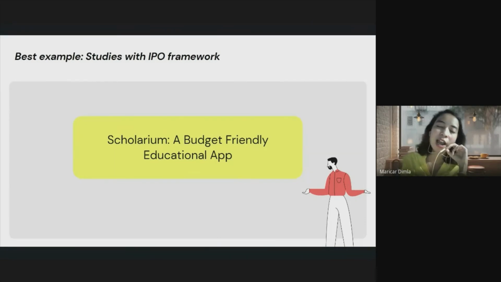Okay? So I have here, class, a sample study, Scholarium, a budget-friendly educational app. So kung gusto mo dagdagan yan, and the level of satisfaction of the ganito students, para mag-appear lang yung IV and DV. Pero ito class, pwede na mag-stand alone yung title na ganito. Titignan na lang sa paper kung sino yung maging respondents of the study. Okay, so class, yung inspiration of the study, kasi study to ng students ko last year.